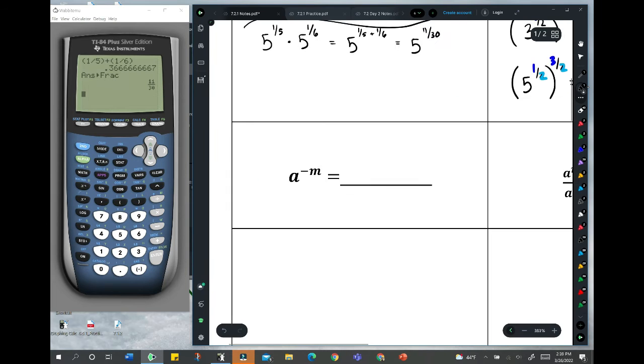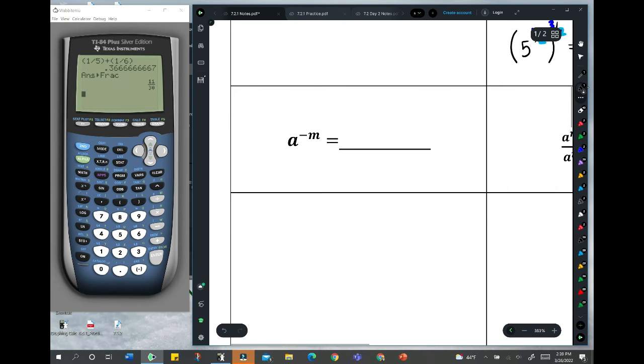Where it gets a little trickier is remembering negative exponents. Negative exponents do not mean negative numbers. Instead, they move it to the bottom, okay, in which it becomes positive.